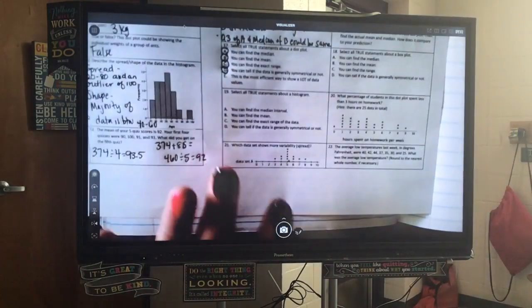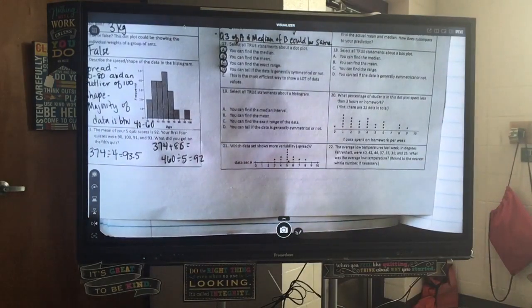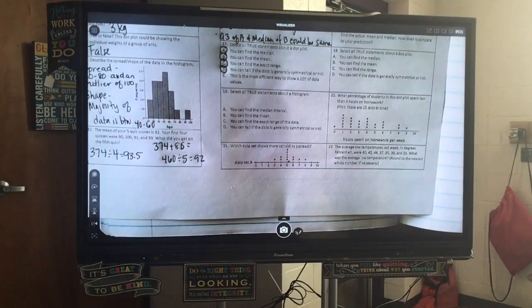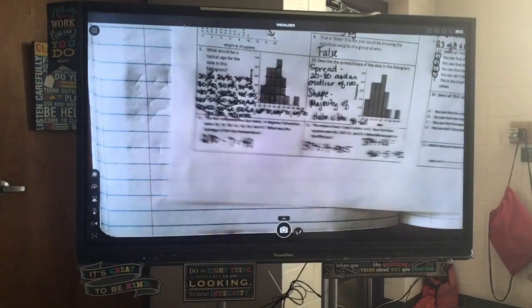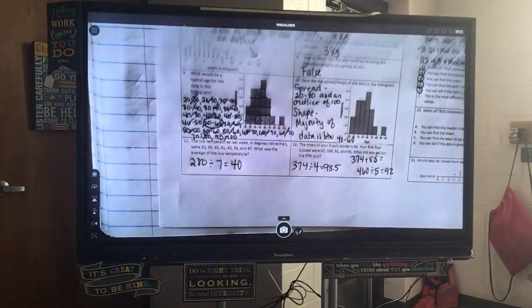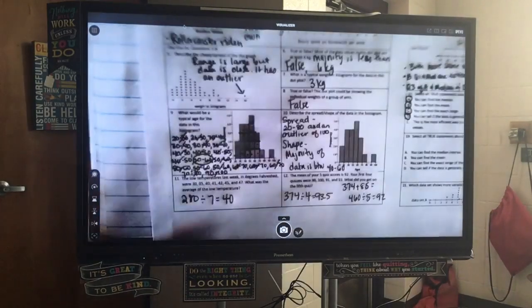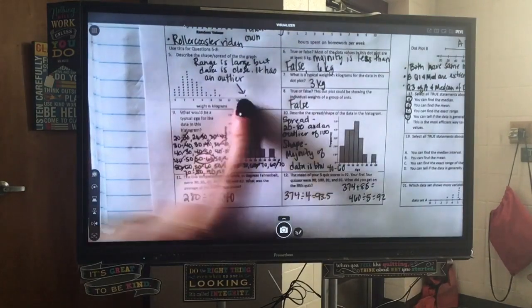All right, this is the most effective way to show a lot of data values. Stand up if you picked that one. I think a histogram, I think, since it has like. But histogram is categorical. So think about this dot plot right here. There are 50 dots just right here.